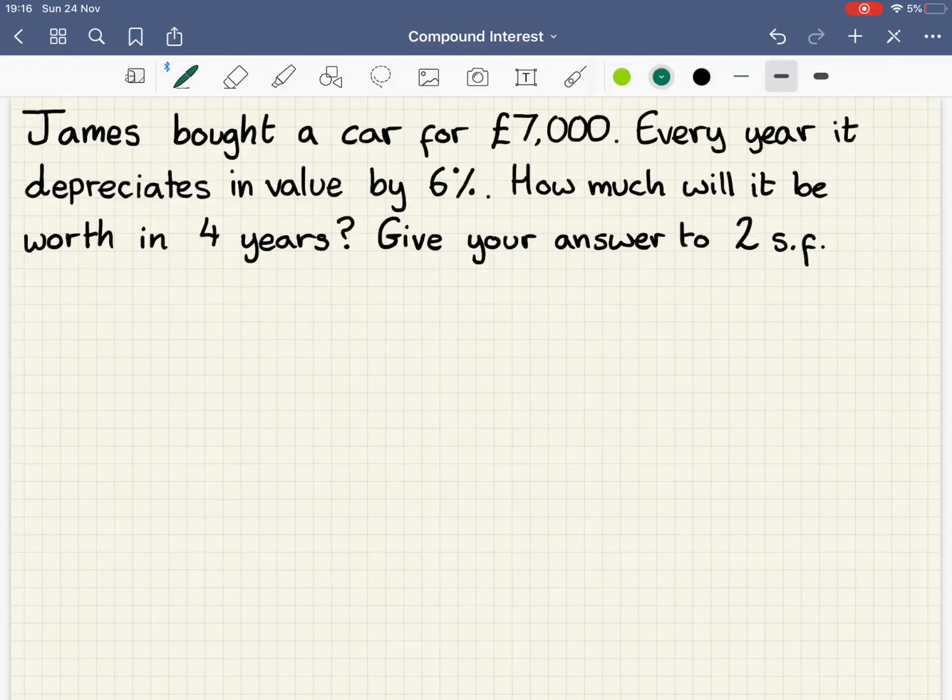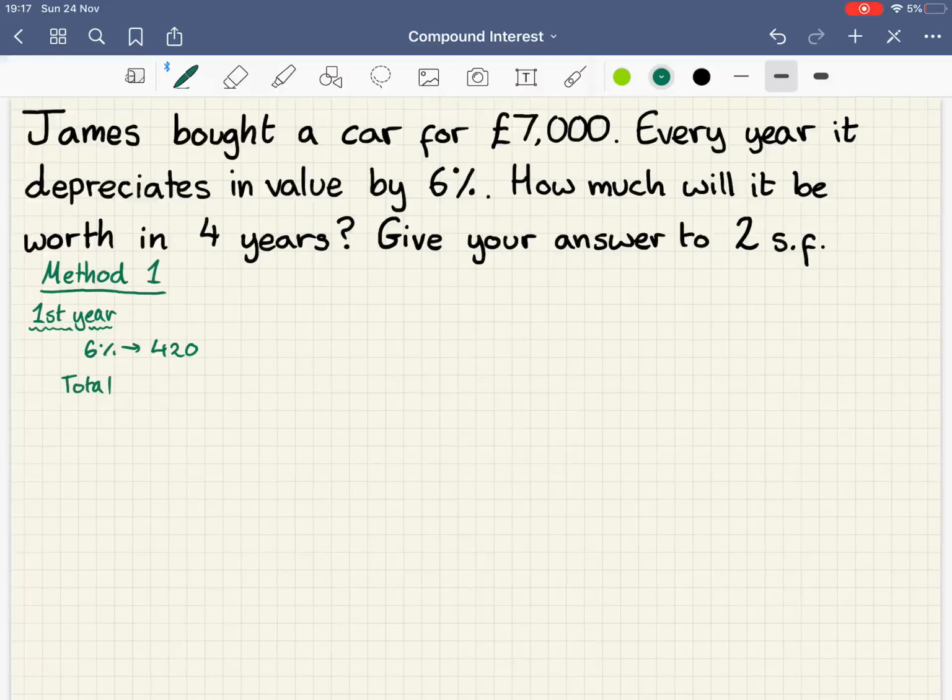Because the method 1 does take a while, I am just going to write out what you should be getting for each percentage and each total, just so if you have made an error along the way, you can identify at what point you made that error. So, firstly, for our first year, your 6% should have come out as 420.